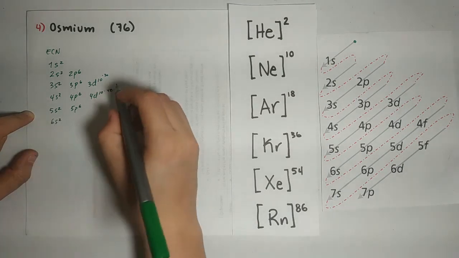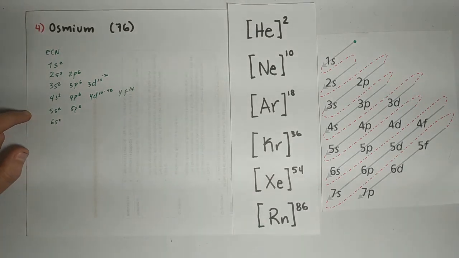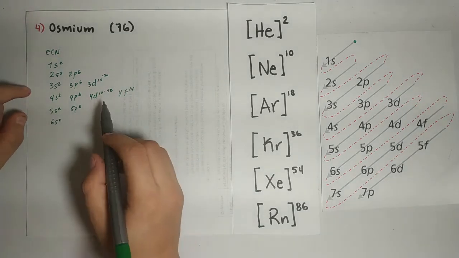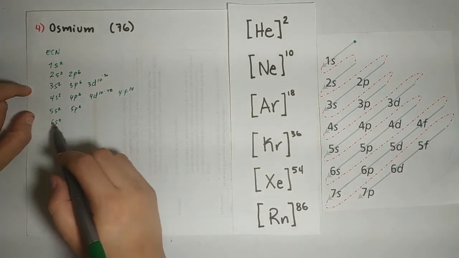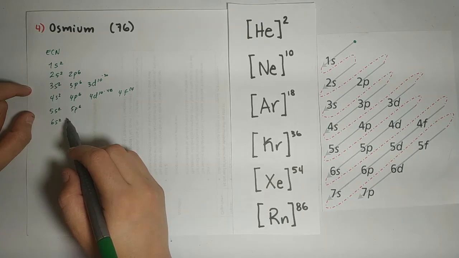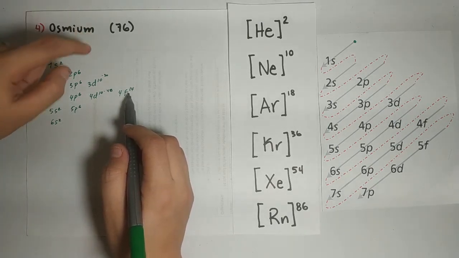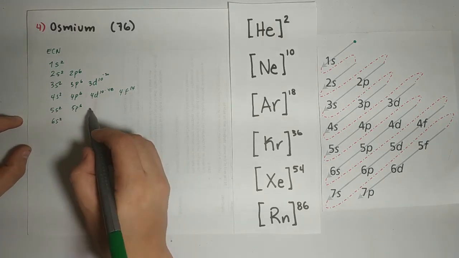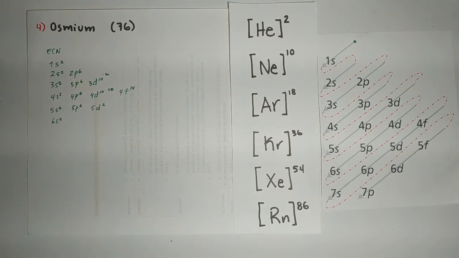After, I have 4f14. So I have 48 and 8 is 56 and 14 is 70, so that means that I need 6. So here I'm going to take from 10 just 6, and now I finish.